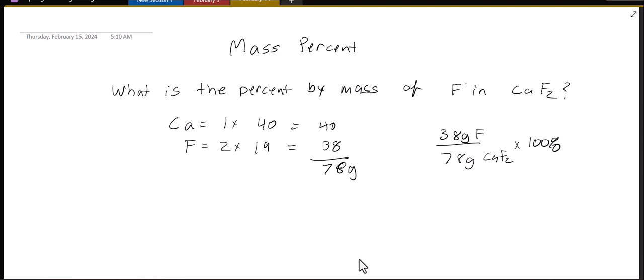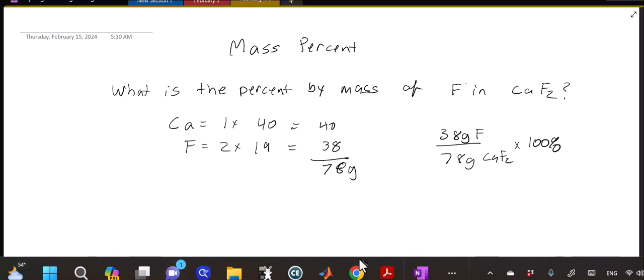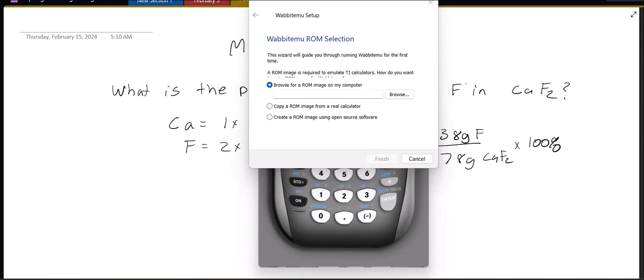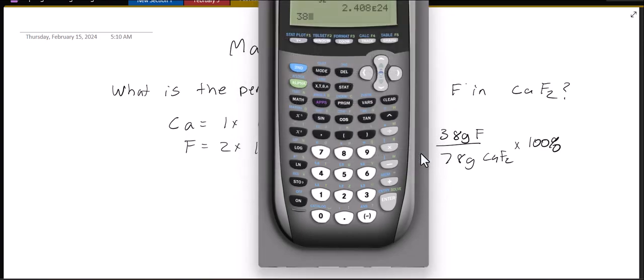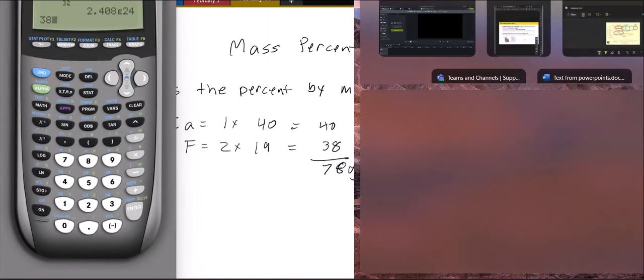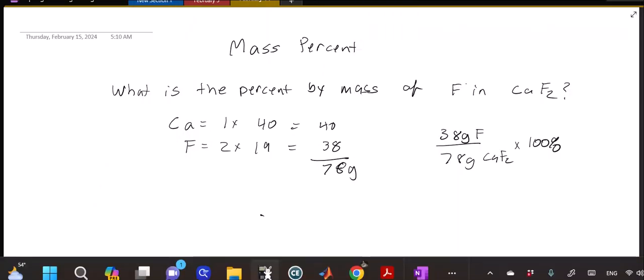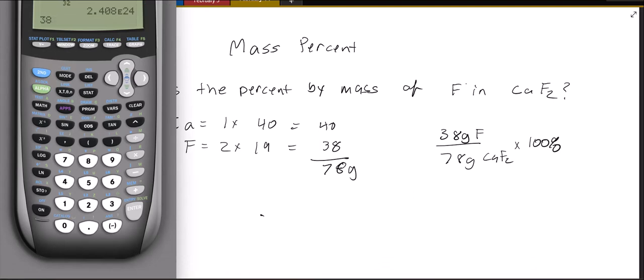So I do that, and I get 38 divided by 78 times 100 is 48.7%.